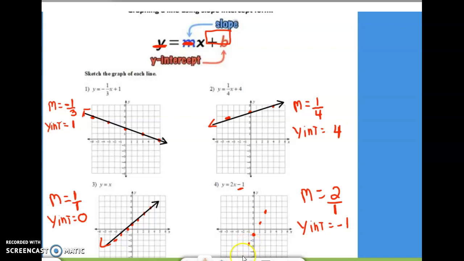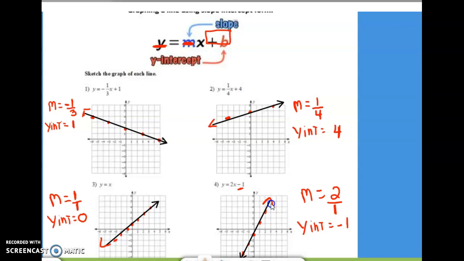Down 2, over 1. And guys, there's no really set amount. I want you to at least do 3 or 4 points at the minimum. It really depends how big your graph is too, right? Alright, so we got the first 4 done.